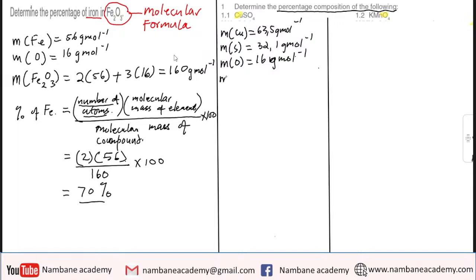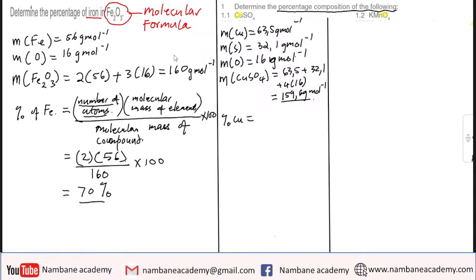And we want now the total, which is M of copper sulfate. Then this is 63.5 plus 32.1 plus 4 multiplied by 16. This gives you something like 159.6 grams per mole. Then the percentage purity of copper.